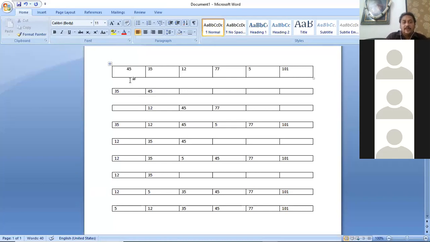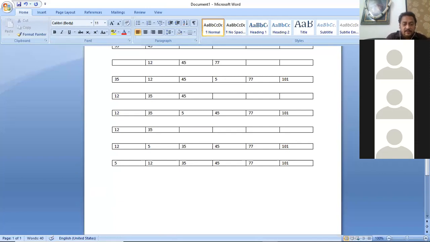If a of k is greater than a of k plus 1, then swap. So how to write it? A of k is compared with a of k plus 1.